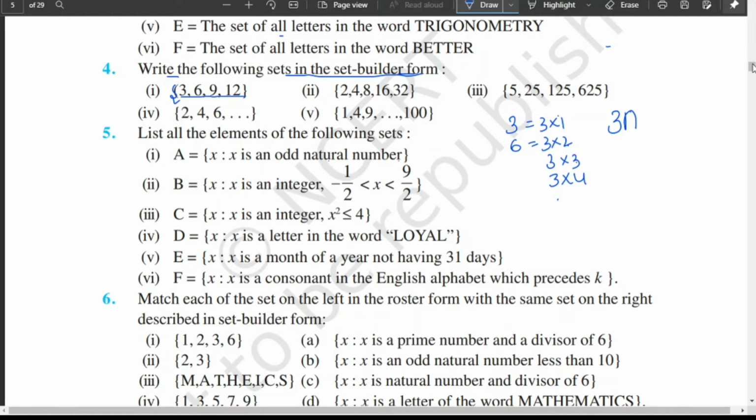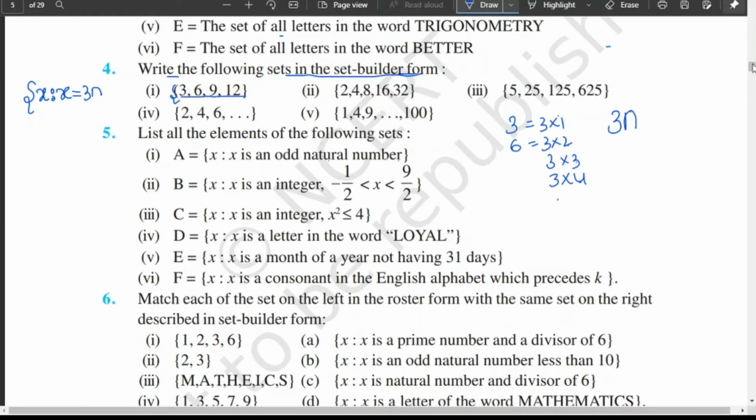So now let us write the set builder form for it. We will assign some name, or it is not given. So here it is x such that x is what? x is equal to 3n. Why n? Now, can this n be any number?